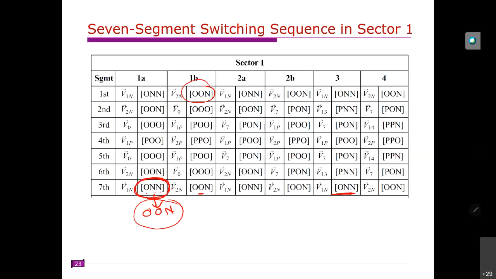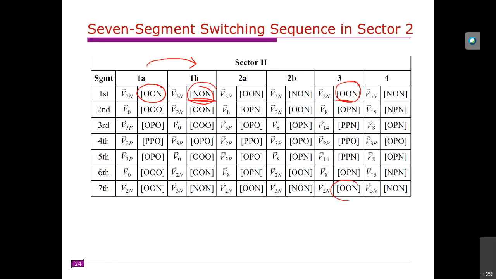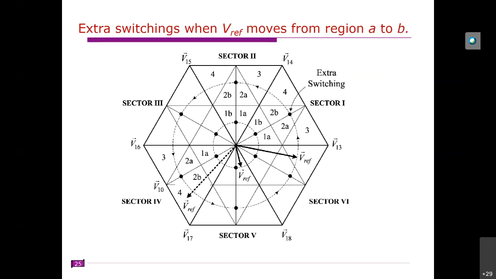So again you have one extra switching. When it is changing from one region to another region, or from one sector to another sector, you have extra switching. Clear?